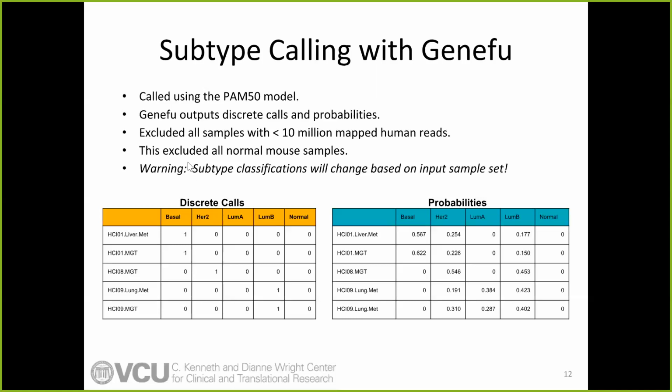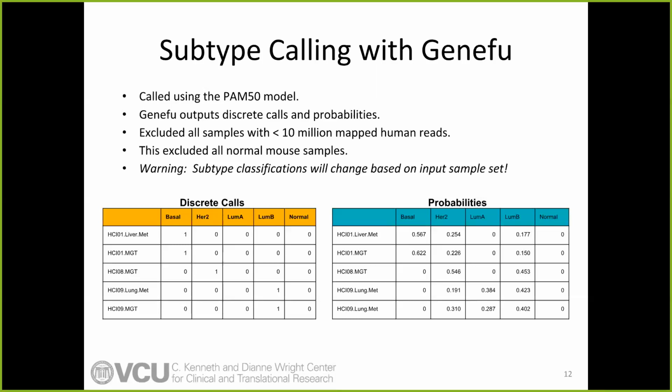I actually did this several times with a bunch of different subsets, and we ultimately decided to exclude all samples with less than 10 million mapped human reads. Because when you include mouse samples in there, it really screws up the classification. And if you include samples that have very few human reads and it's mostly mouse, it again messes up the classification.